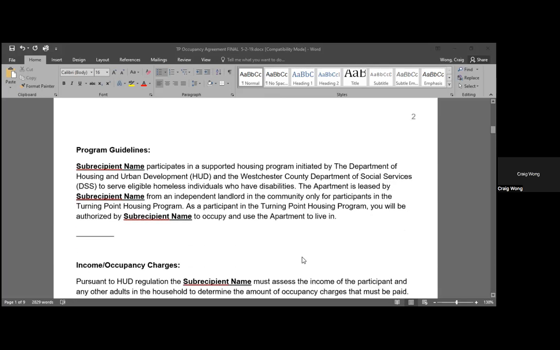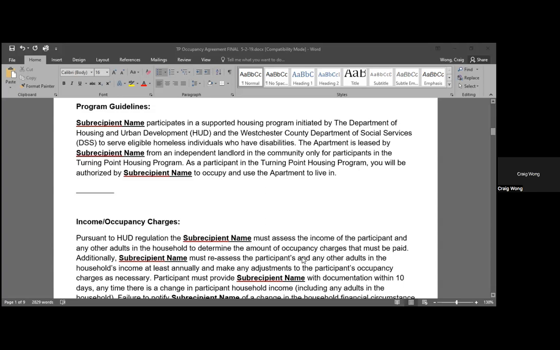The next page in the occupancy agreement goes through program guidelines. This particular occupancy agreement that we're reviewing today was designed for permanent supportive housing programs, but you can use this information and cater it to your rapid rehousing program or your transitional program. Whatever CoC HUD funded program you have, this is a good model to use.